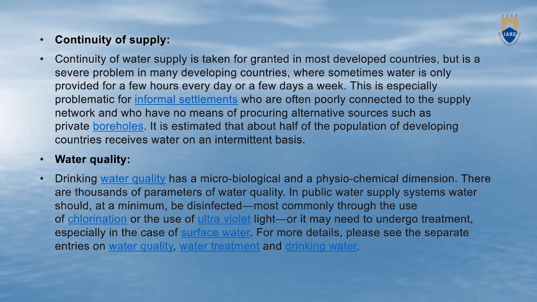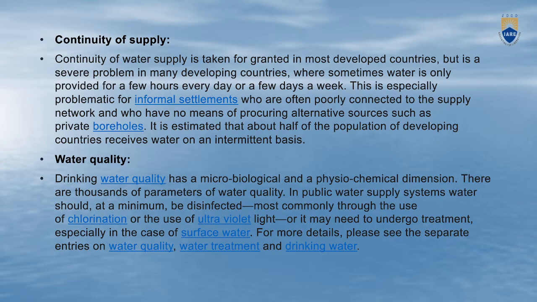Continuity of supply. Continuity of water supply is taken for granted in most developed countries, but is a problem in many developing countries, where sometimes water is only provided for a few hours every day or a few days in a week.